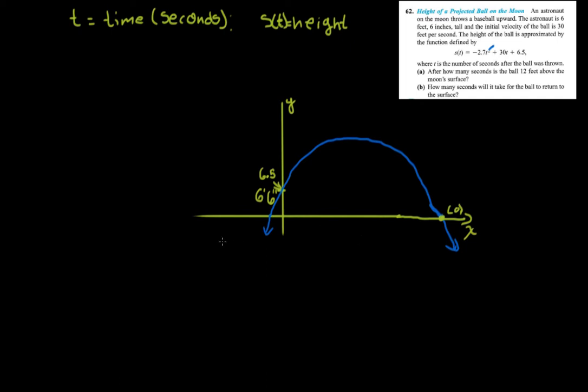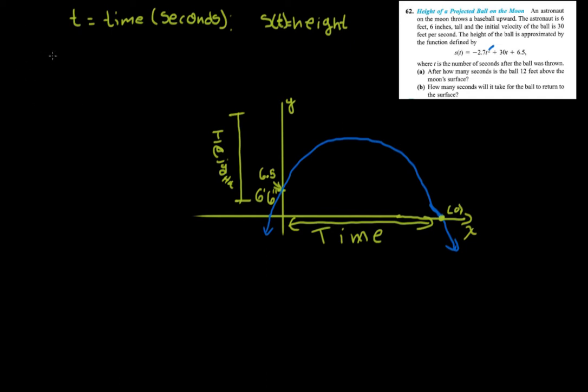And this is also representing t, which is time, and the y, which is s of t, is representing the height. All right, you understand, right? All right, so now let's do that algebraically.